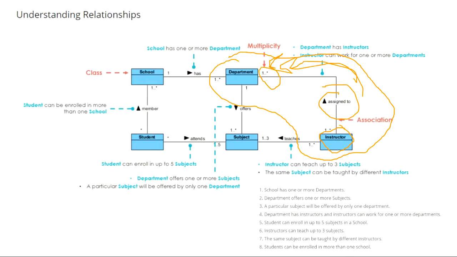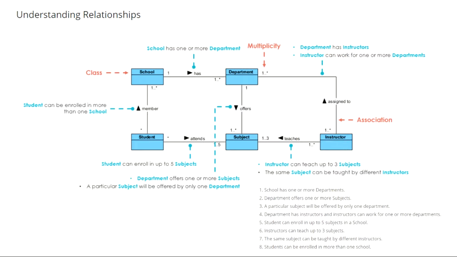But if you look at this diagram carefully, they have given one more statement. See this fourth point here. Department has instructors and instructors can work for one or more departments. This means that they have considered this way also.